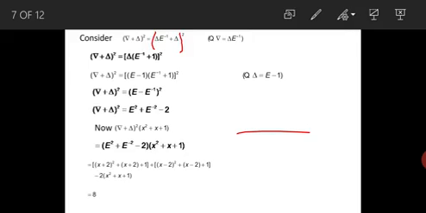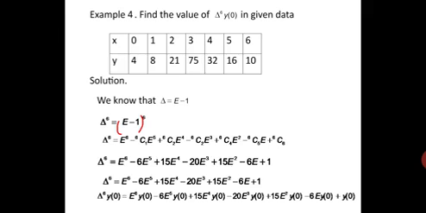Fine. Next problem we will take. Find the value of delta to the power 6 of y naught in the given data. Here is the data they have given. We know that delta is equal to e minus 1. This is one of the relations. Now I have to find delta to the power of 6, so I will take e minus 1 whole to the power of 6.